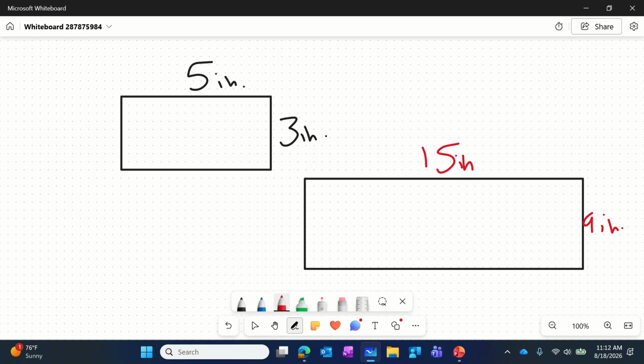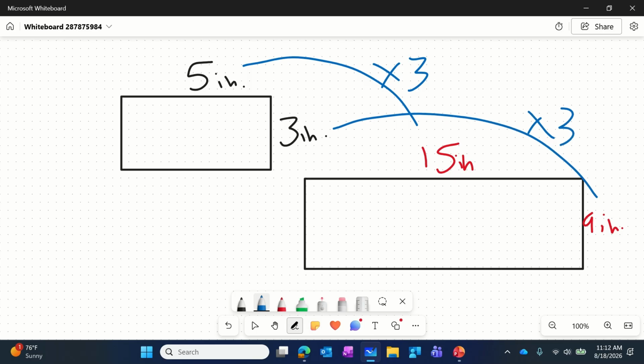Okay, I told you guys I suck at names. Braden, go. The 15 was just multiplied by 3 so that you could get 15. So it was 5 times 3. So just multiplied 3 times 3 to get 9 inches. There you go. Be aware that we just scaled it up 3 times.